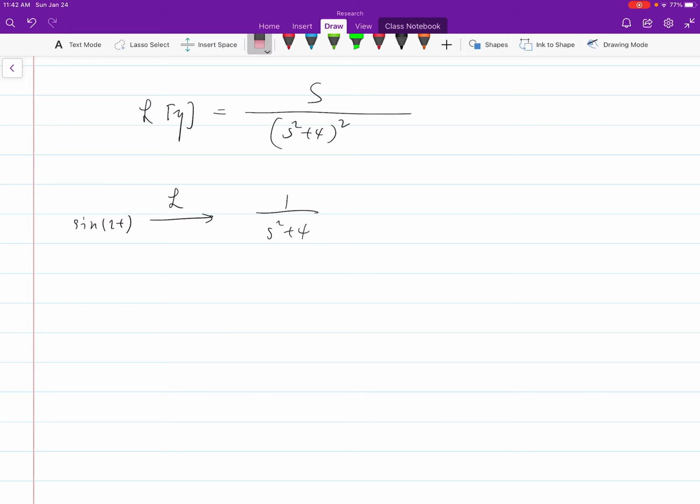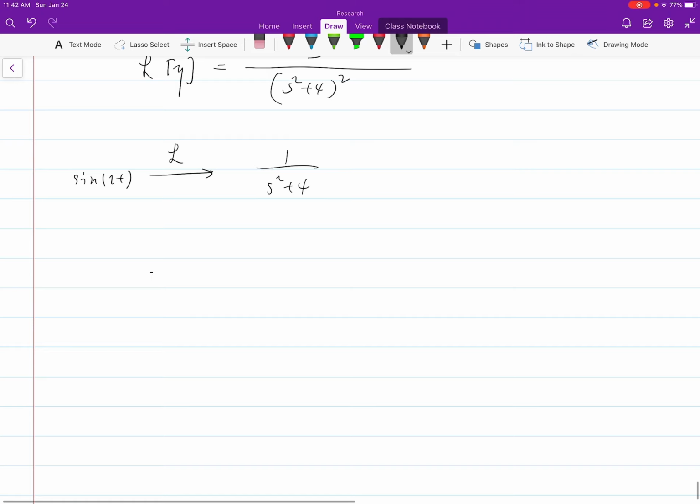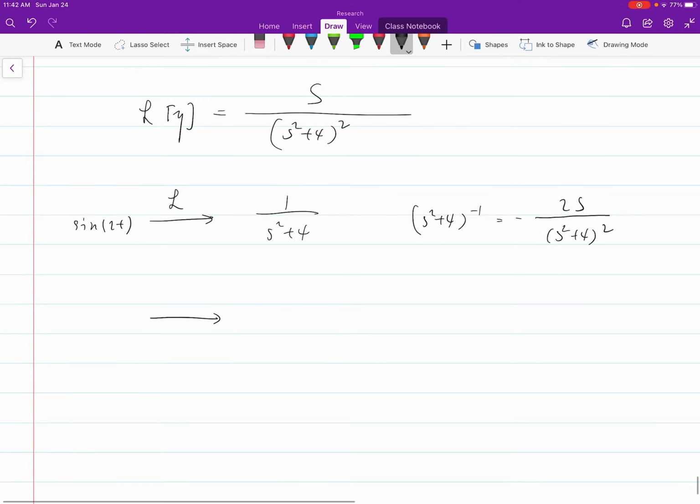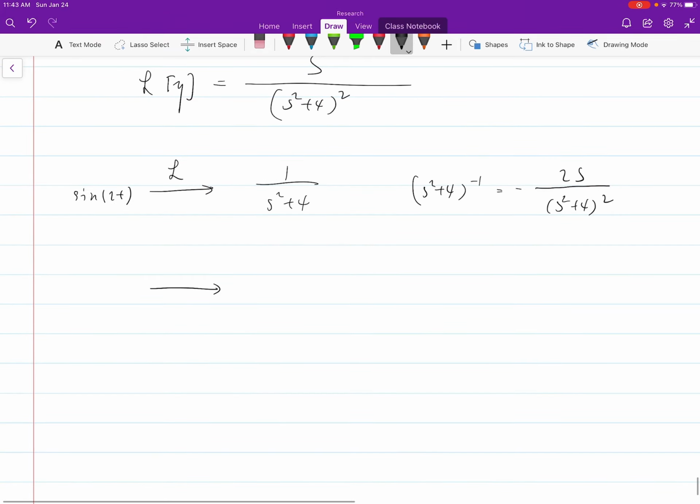And what's the relationship between this and that? Well, since we have already done it, maybe let's just take the derivative. What's the derivative of this? Negative, square, 2s. Similar? Very similar.